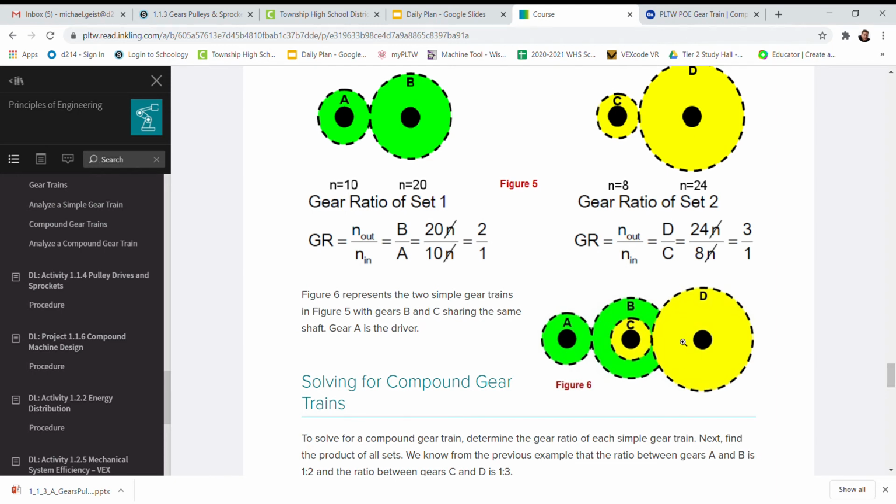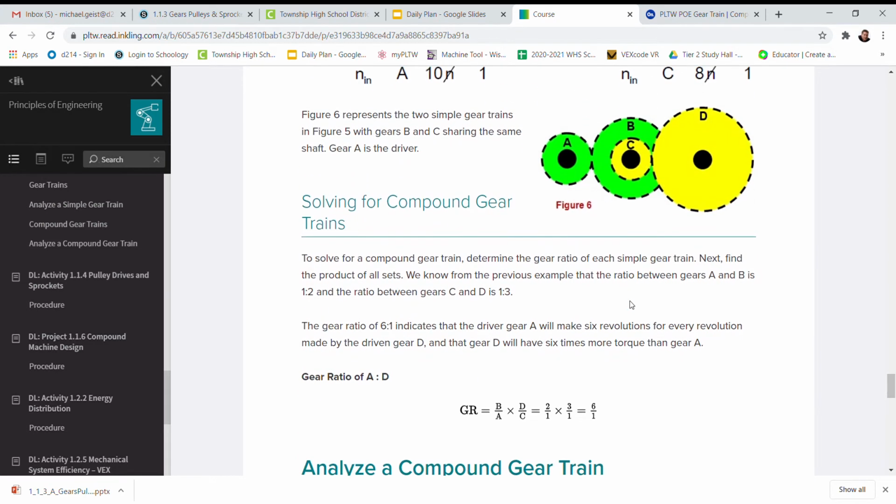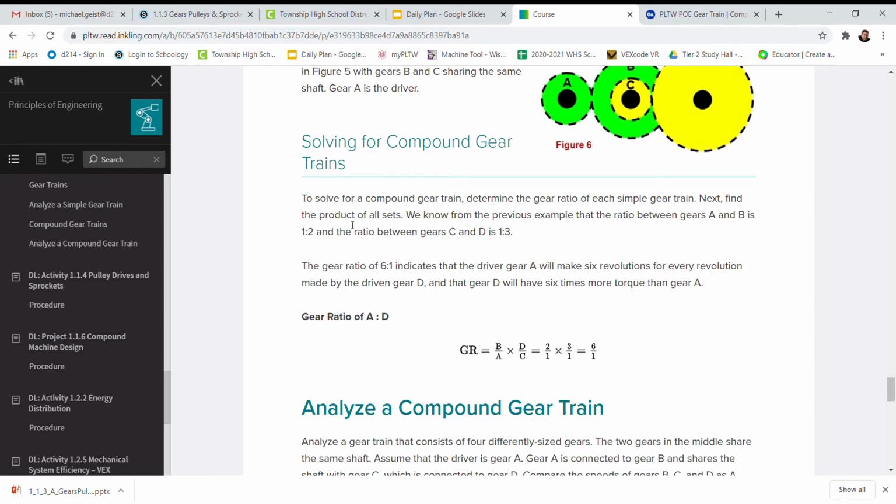All right, so that's how you solve for the total gear ratio of this entire gear set. Okay, and you can see that down here. The gear ratio from A to D is 6, and that's by using the fractions, multiplying the first gear ratio times the second gear ratio. All right, so that is compound gear trains.